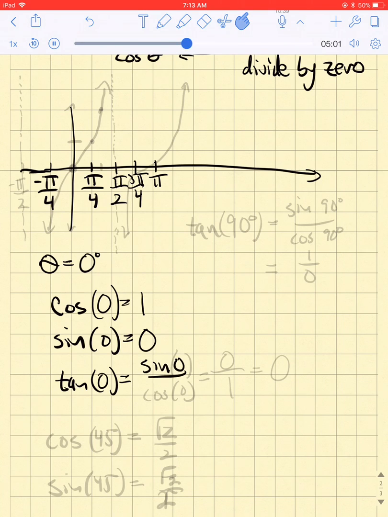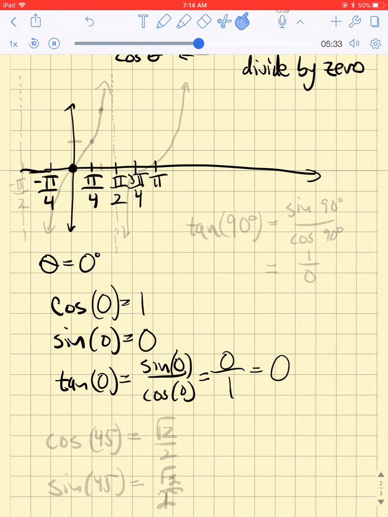But for pi over 4, aka 45 degrees, we have cosine of 45 degrees equals root 2 over 2, and the sine of 45 degrees is root 2 over 2.